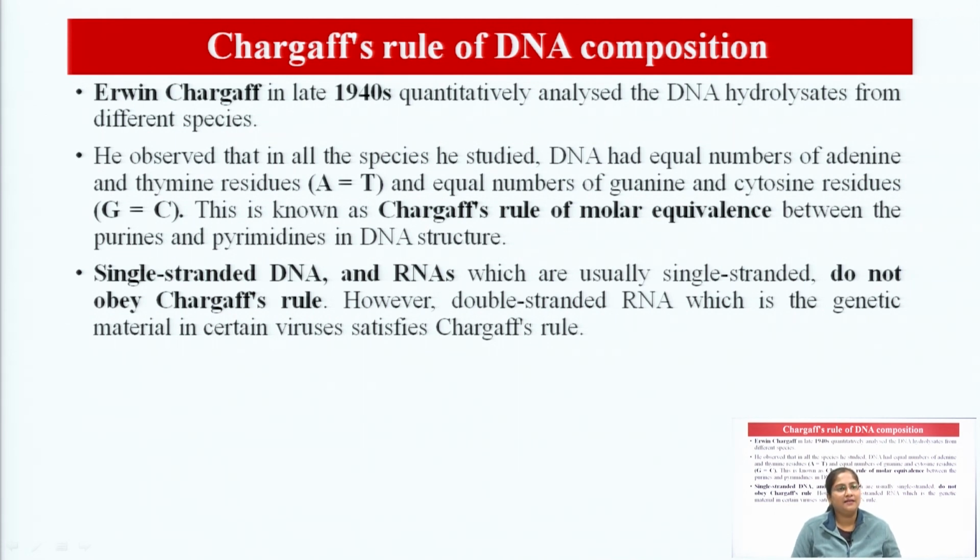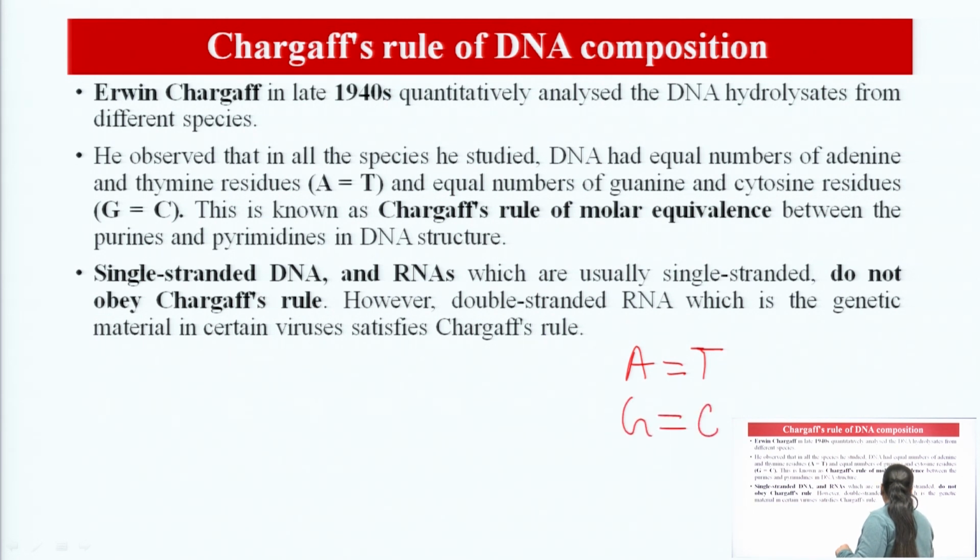Purines are adenine, guanine, whereas pyrimidines are cytosine and thymine in case of DNA. Adenine has an equivalent amount as thymine, whereas guanine has an equivalent amount of cytosine. That means the amount of adenine is equal to thymine, whereas guanine is equal to cytosine.